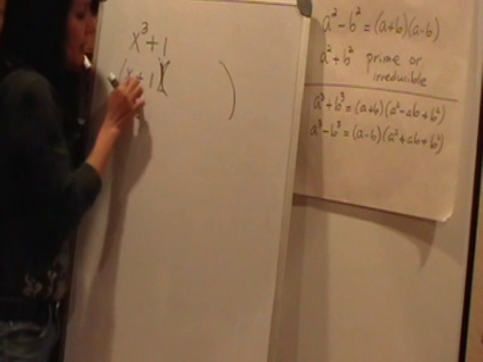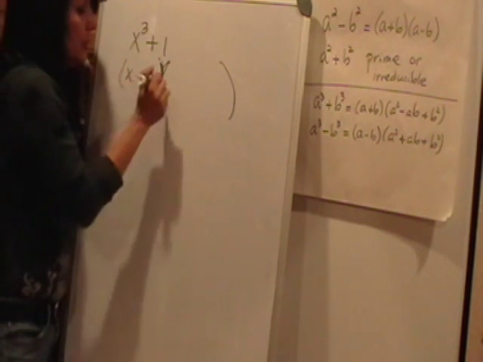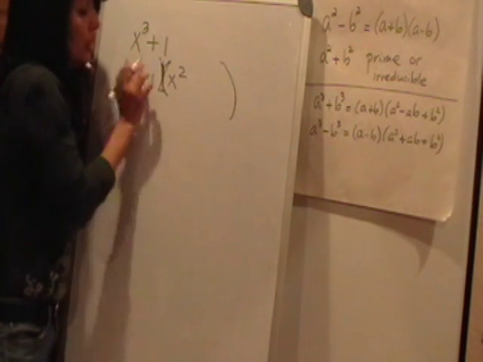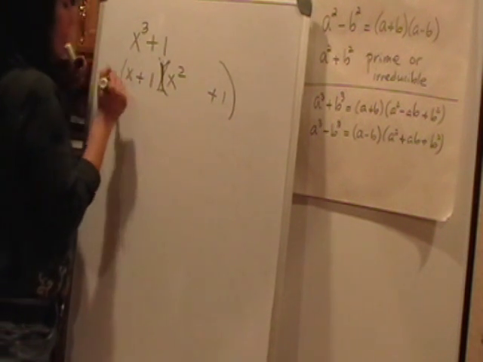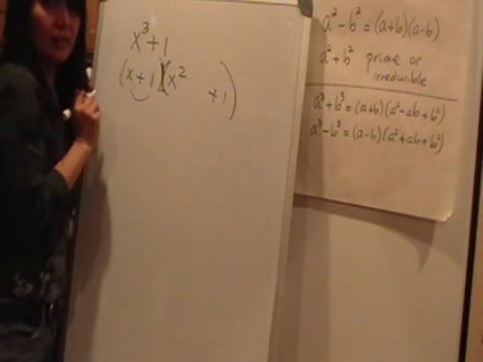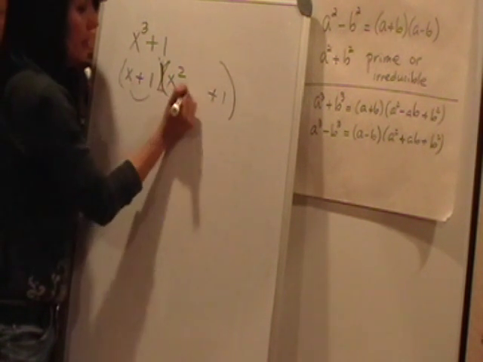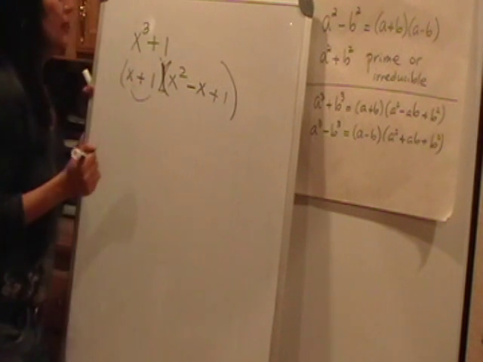X cubed, you need an x and then a plus 1. Then in order to produce the x cubed, you need to put an x squared, right? X times x squared is x cubed. To get a 1, you need a plus 1. 1 times 1 is 1. And then I talked of a Mr. Fix-It, right? You multiply these two. That's just x, and that's a plus. So therefore, you get a minus x. Okay? So that's how you do it.